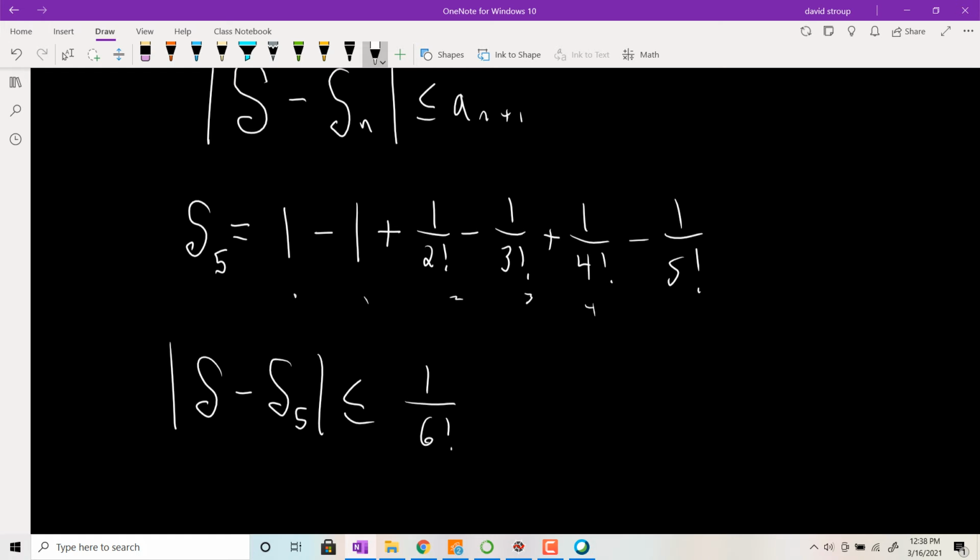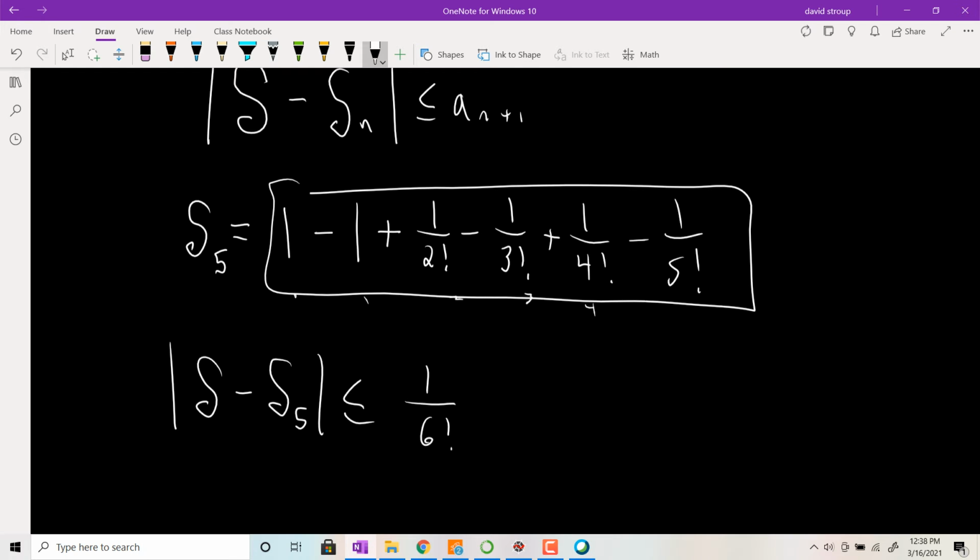So the difference between the actual sum and this fifth partial sum is going to be pretty small, right? 1 over 6 factorial, I don't know what that is, let me figure that out. 1 divided by 6 times 5 times 4 times 3 times 2 is 0.0014-ish.